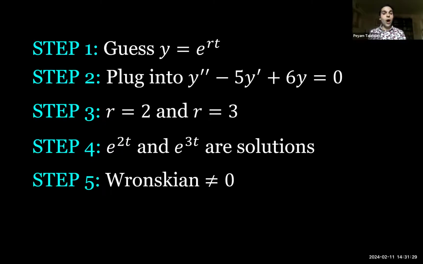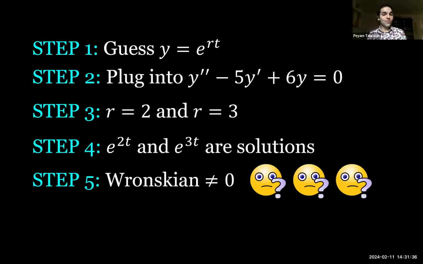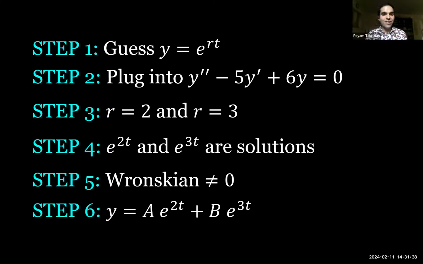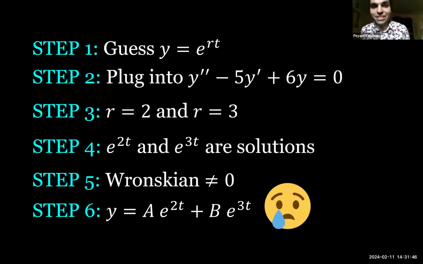But then you come out with that Wronskian, and you find the Wronskian is non-zero, which, again, leaves the student very confused. And then you conclude that y is a e to the 2t plus b e to the 3t, which in the end just leaves the student crying because it just seems there are a lot of steps that are unmotivated.